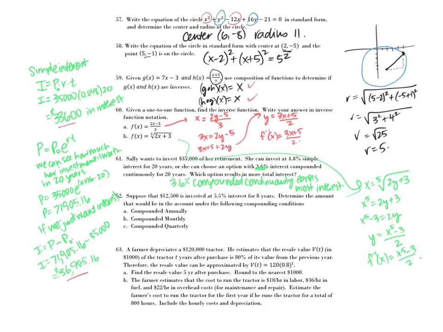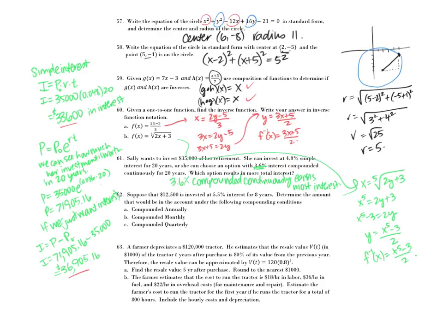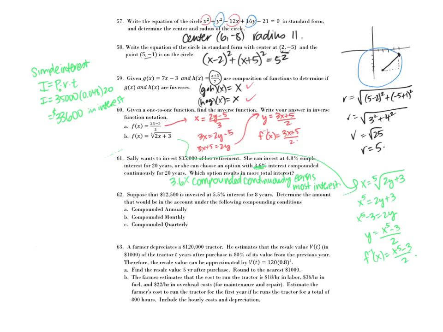Okay. For the next one, suppose that $12,500 is invested at 5.5% for 8 years. What amount would that be if it were compounding annually, monthly, or quarterly? Okay, so let's do A first. Let me erase some things here. So if we start on A, we'll do A in red.